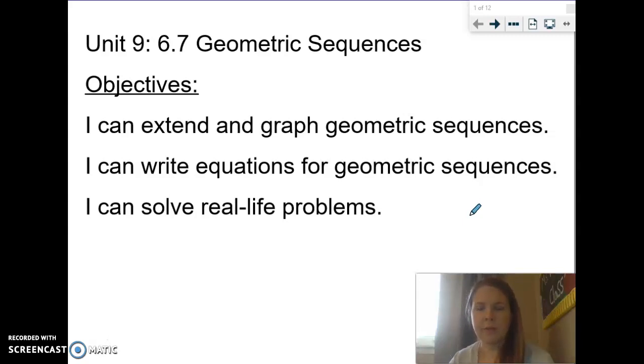Geometric, as you're going to see here, is a little bit different, and we're going to do a few activities that I should be sending in your packets or here online to help you practice the difference between the two. So your objectives for this lesson are: I can extend and graph geometric sequences, I can write equations for geometric sequences, and I can solve real-life problems.